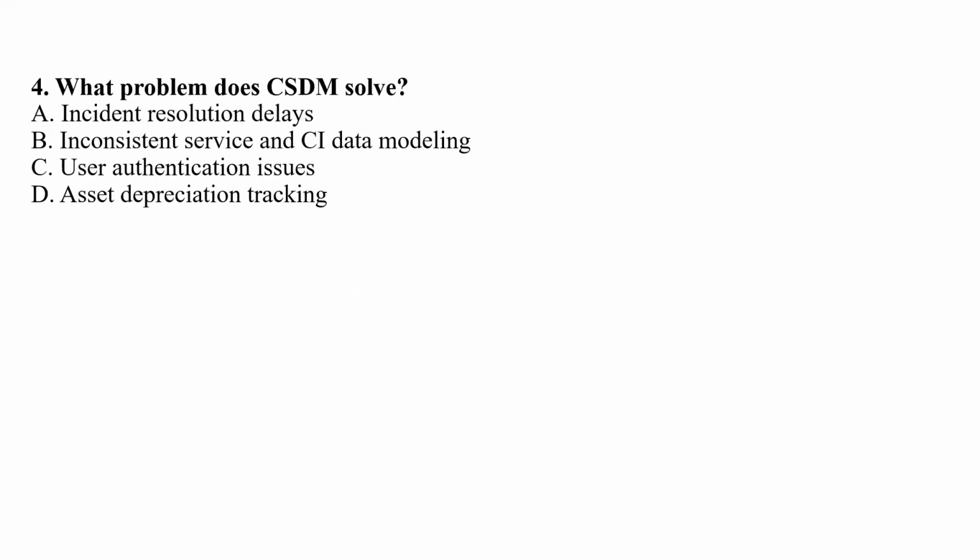What problem does CSDM solve? Option A, incident resolution delays. Option B, inconsistent service and CI data modeling. Option C, user authentication issues. Option D, asset depreciation tracking. So the correct answer is, CSDM solves inconsistent service and CI data modeling.